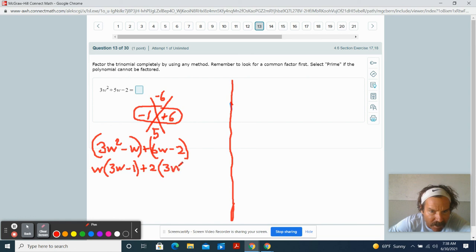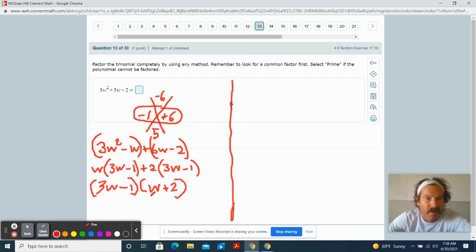We have 3w minus 1 again. So the correct factorization is 3w minus 1 times w plus 2. That's the answer you'd put in that box right there.